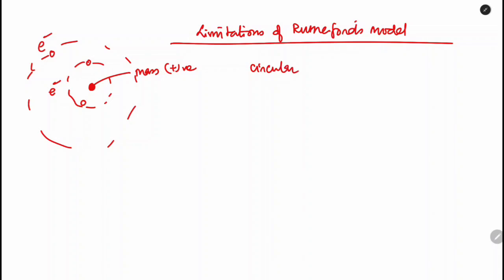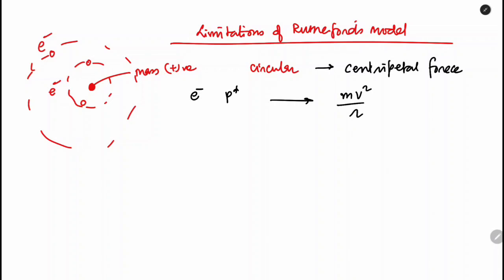If we look at some Newtonian mechanics, anything which revolves in circular motion must have a centripetal force. So Rutherford postulated that the electrostatic force between an electron and a proton must be fulfilling the task of the centripetal force, which is mv square divided by r.